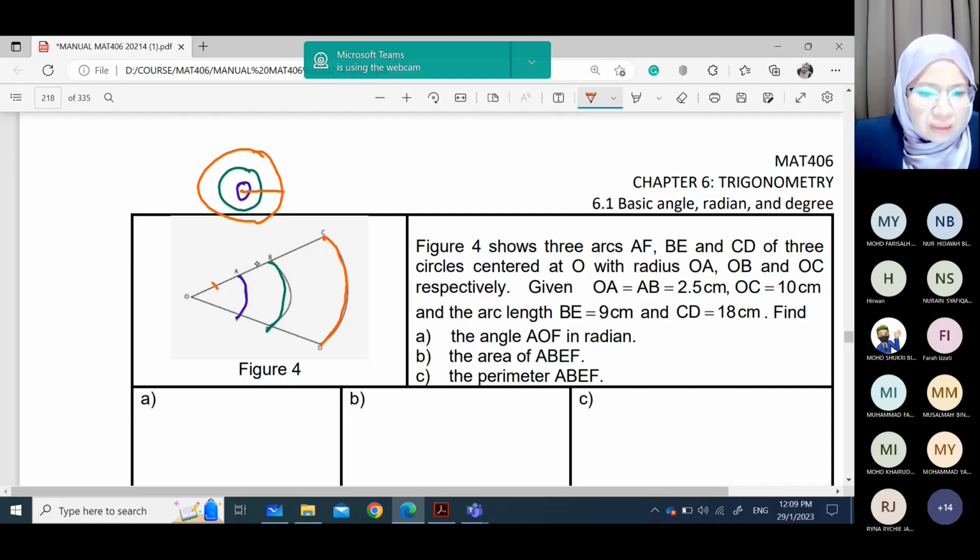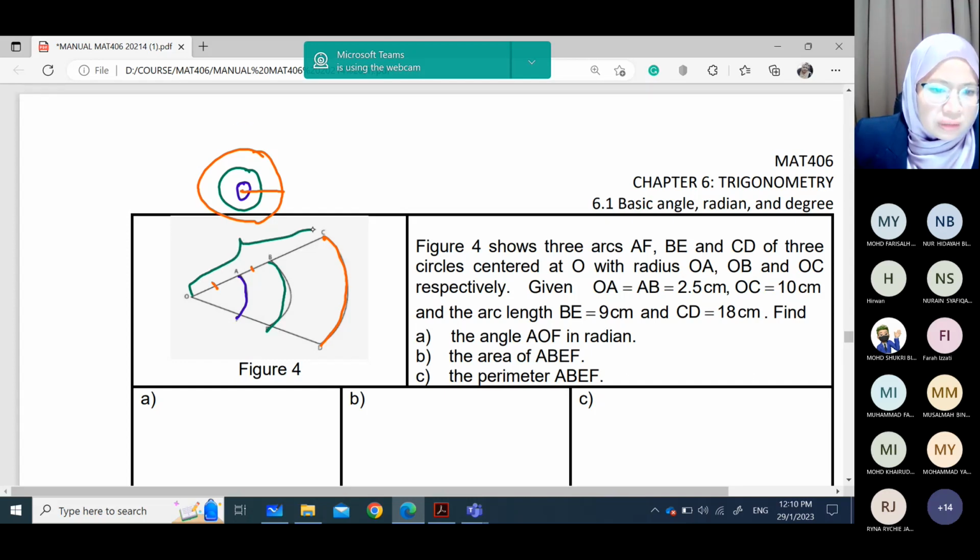So OA and AB sama. OC is 10 cm, radius dia daripada O ke C. Total daripada O ke C ni adalah 10 cm.